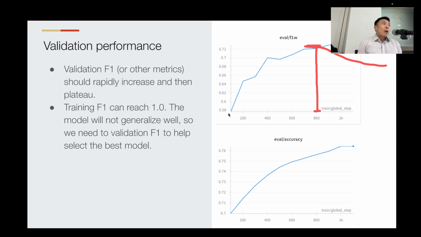This is also why you don't want to use your test set, because you end up looking at the validation set many times, right? For each epoch, you already try to optimize over that. And you also use the validation set to pick the best model, right?